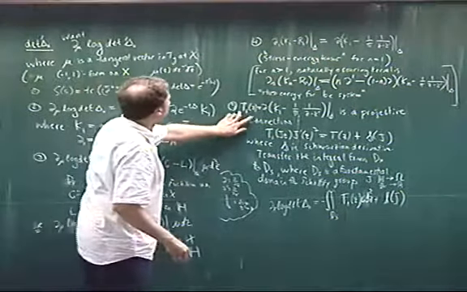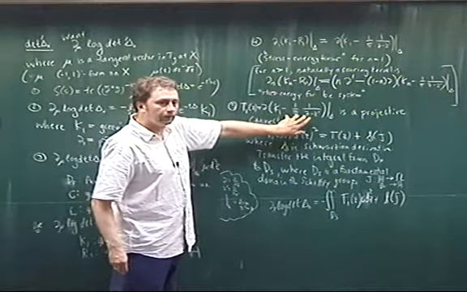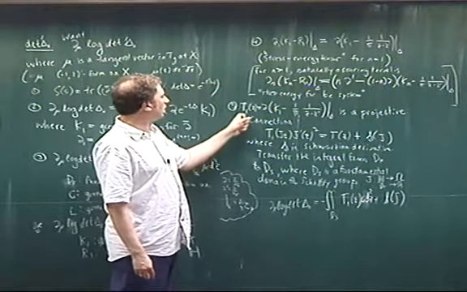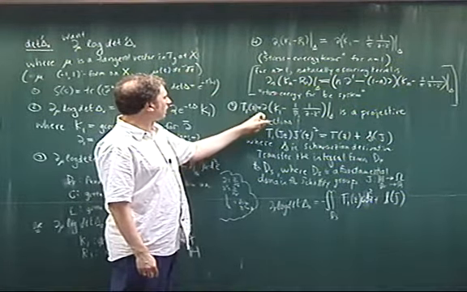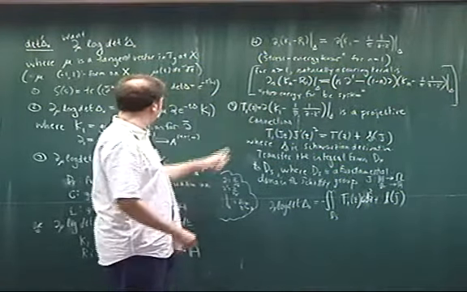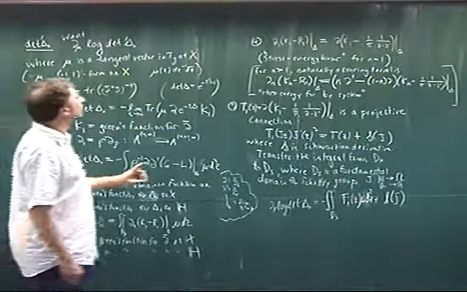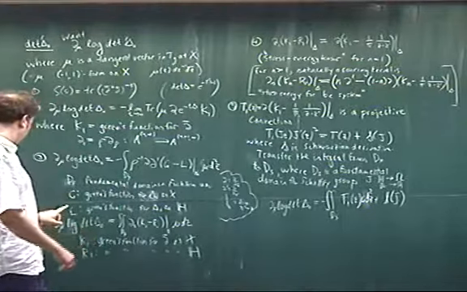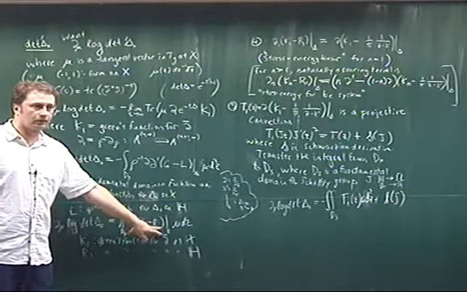T is this kernel. T1 of Z is the kernel that appeared back in this formula.